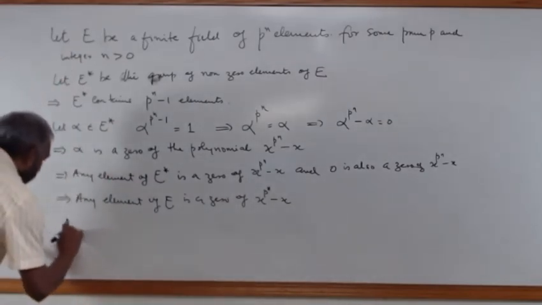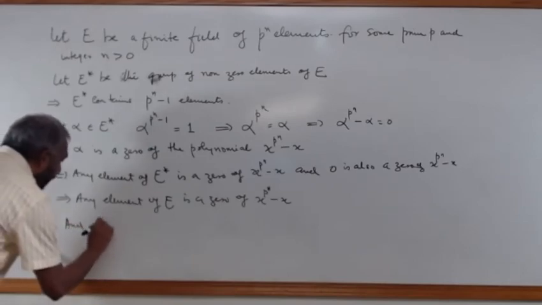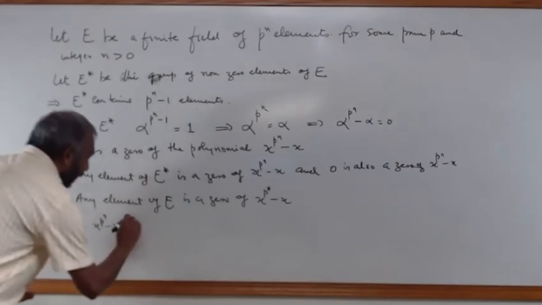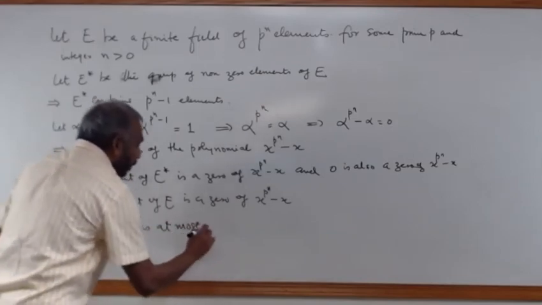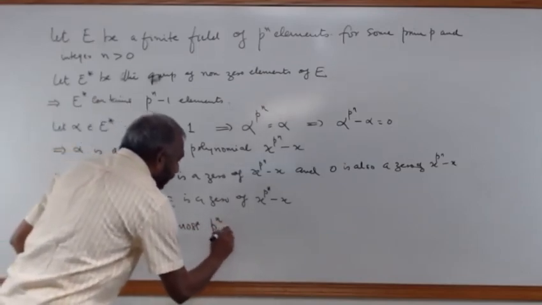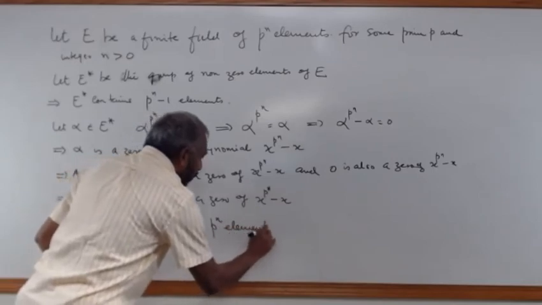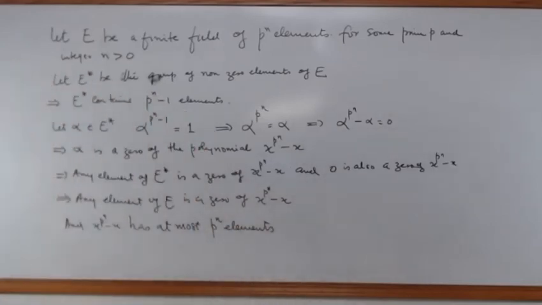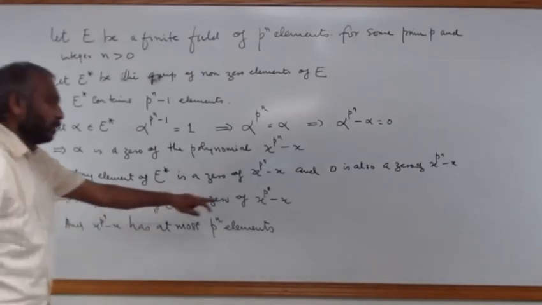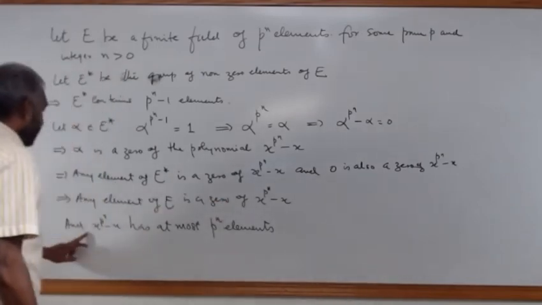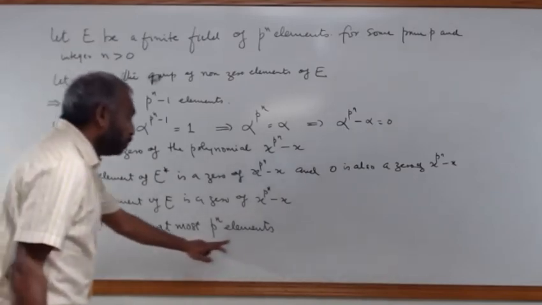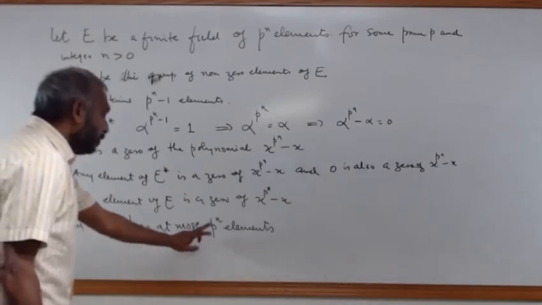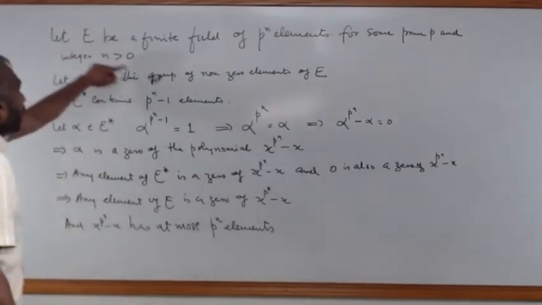And x to the power of p^n minus x has at most p to the power of n zeros. What does that mean? Here it says that every element of E is a 0 of this. Here I am saying that this polynomial has at most p to the power of n zeros. And we know that E has p to the power of n elements.